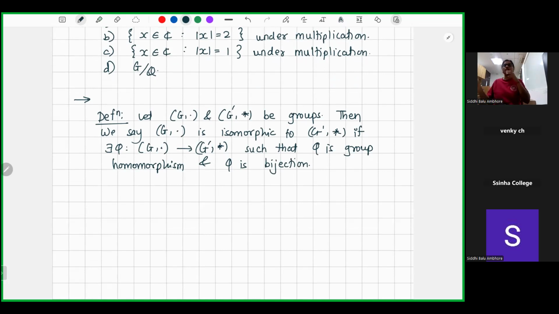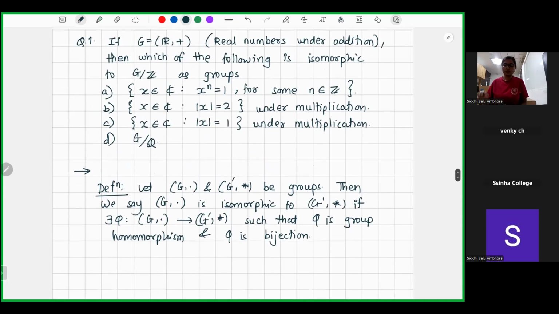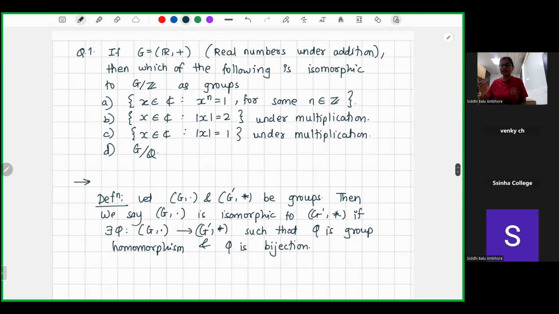That is, phi is a bijective homomorphism. So phi is a group homomorphism and phi is injective and surjective. That is what two groups being isomorphic means.